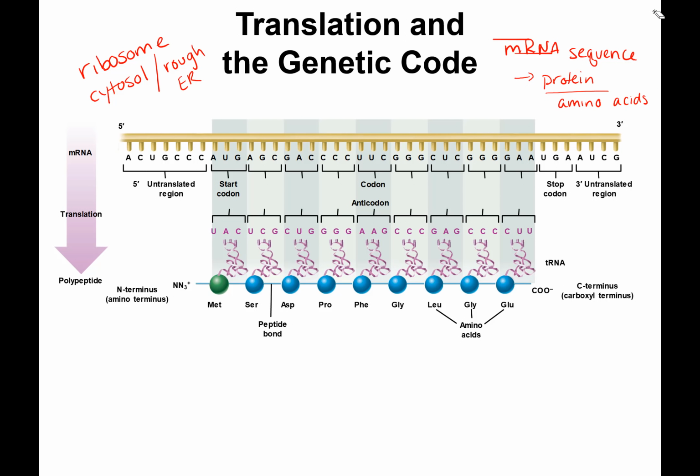Okay. The other important thing to remember about translation is that it's 3 RNA nucleotides. We call that a codon, and they code for 1 amino acid. And the translator, the molecule that knows both languages, is tRNA.